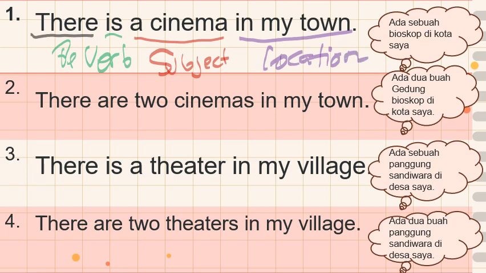Number 2, there are 2 cinemas in my town. Always put there and then put are as a be verb. Two cinemas is a subject. In my town is a location.